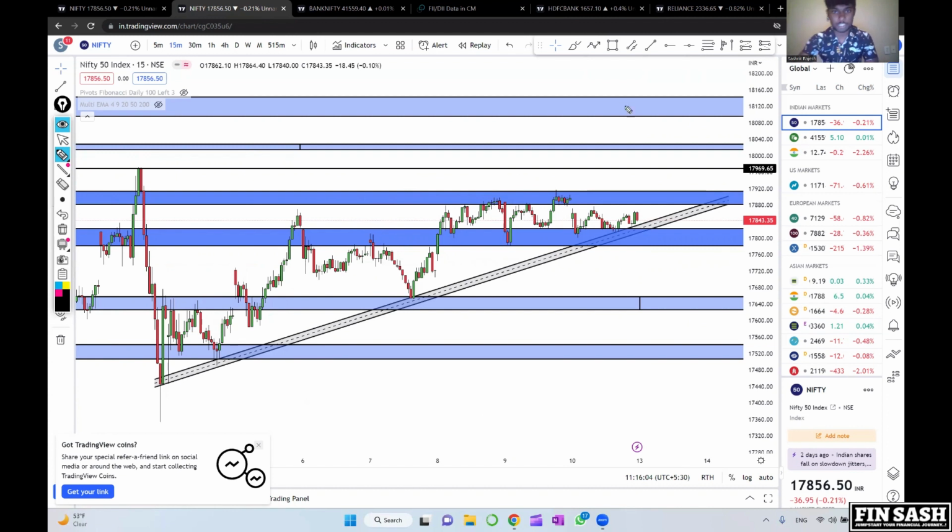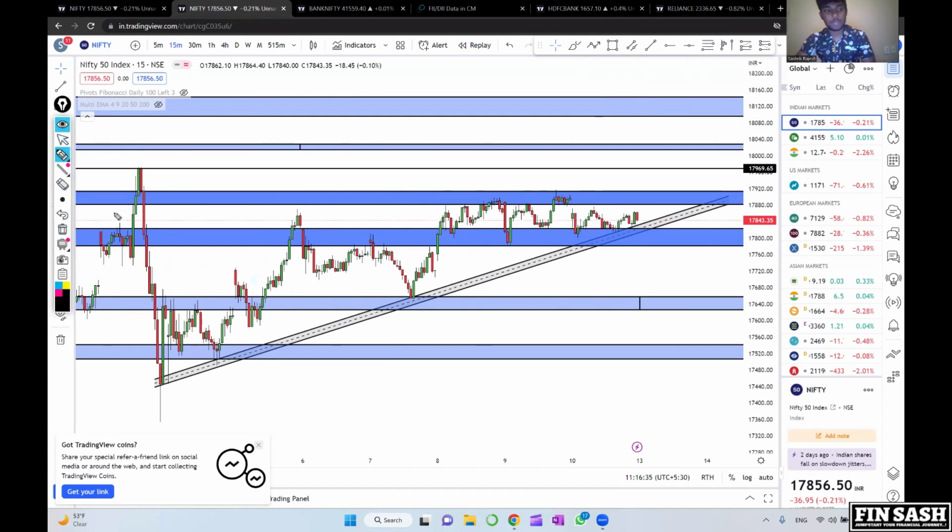On a bullish run, there's either a pullback and then a big movement, or a sideways movement and then a breakout to the upside or the downside, whichever. This is how markets usually move, right? So Nifty has been forming higher highs on the 15-minute time frame.